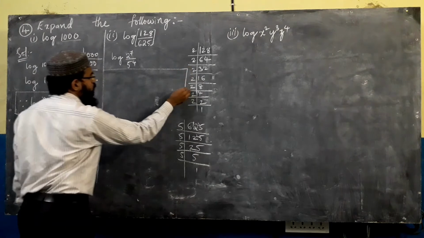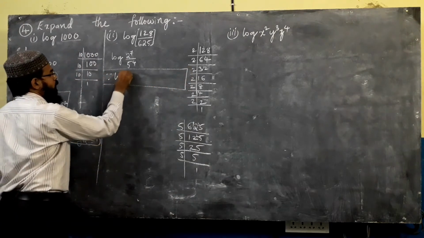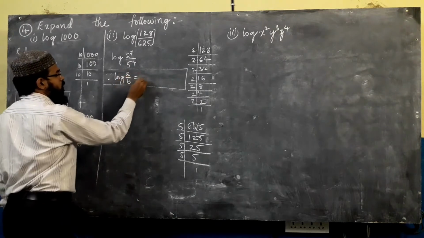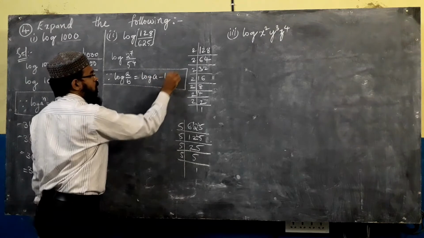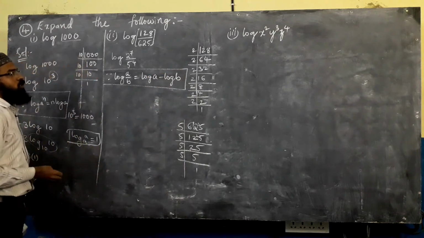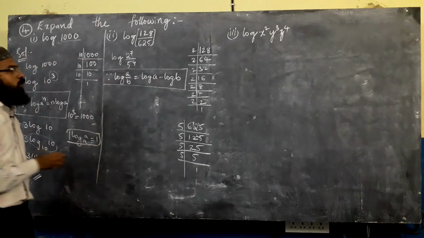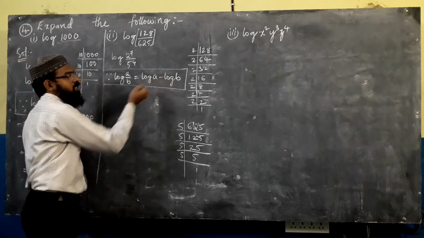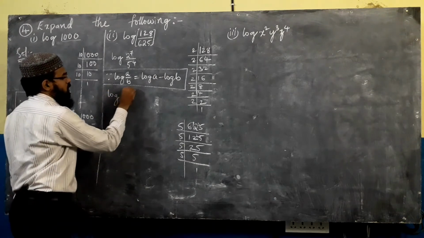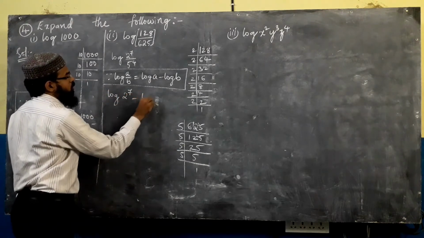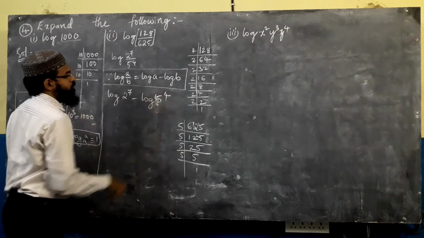Here I am going to use the formula. The formula is log a by b is equals to log a minus log b. Whenever we see the given values are in fraction, we are going to use the minus sign in between. So log 2 to the power of 7 minus log 5 to the power of 4.